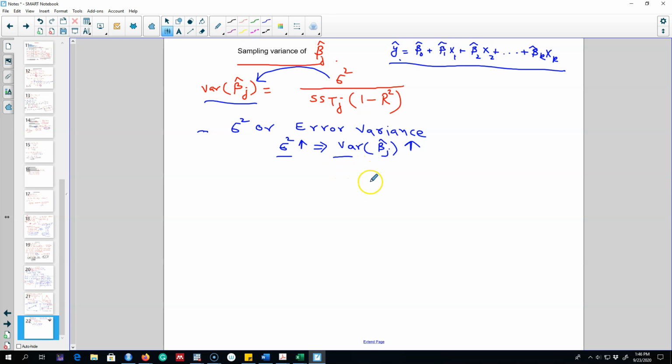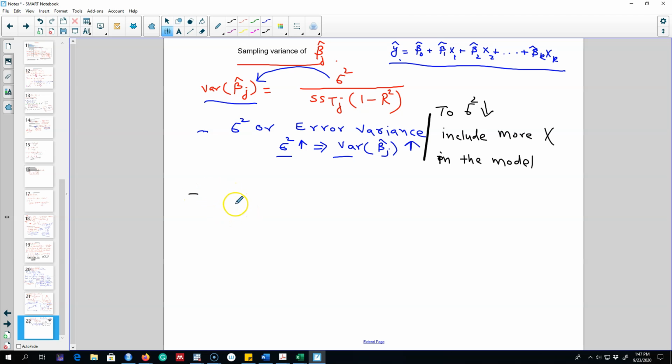It is difficult to estimate the partial effect of any of the independent variables on y because of the higher variance. Since we want to make our estimates as precise as possible, that is, minimize these variances, we need to decrease the variance of beta j by decreasing the error variance. And to decrease error variance, we have to include more explanatory variables on the right hand side. So that was the first component.